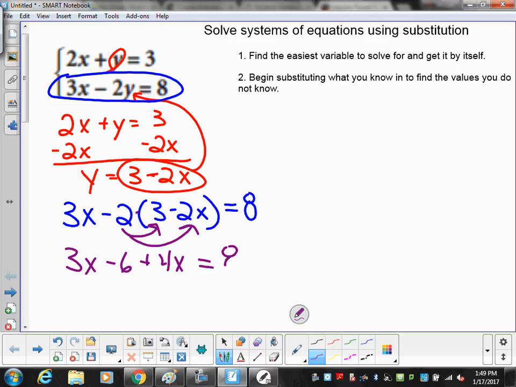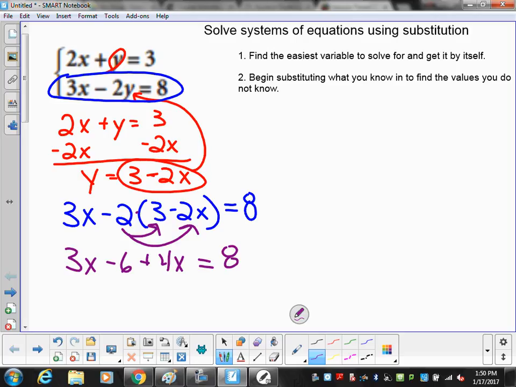Then bring down the equals 8. I distributed the negative 2 to the 3 and to the negative 2x.